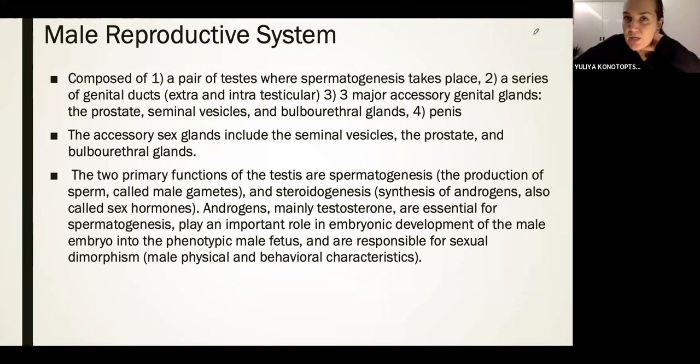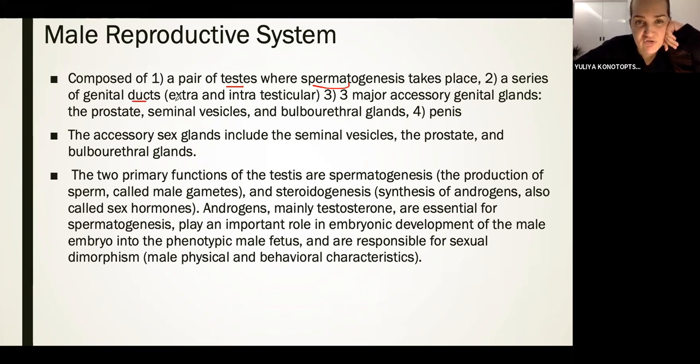So the male genital system is composed of two testicles, okay? So it has two testes, and this is the area where spermatogenesis is going to be taking place. As you remember, spermatogenesis is the production of spermatozoa. These spermatozoa are going to be traveling through a couple of ducts, and these ducts could be of two types.